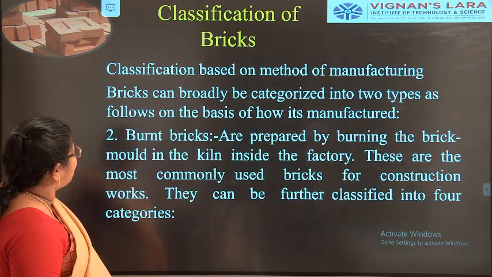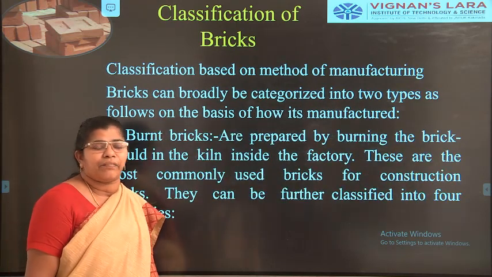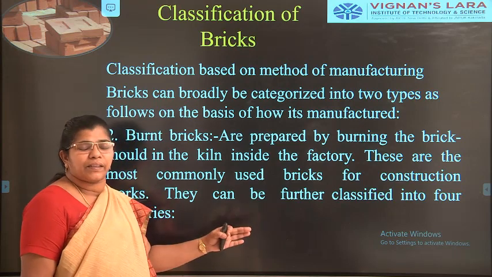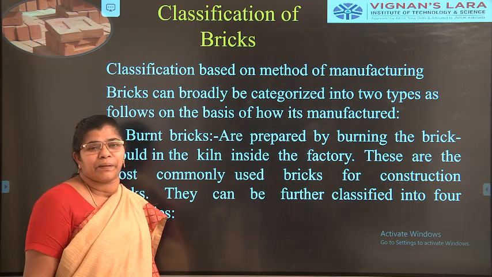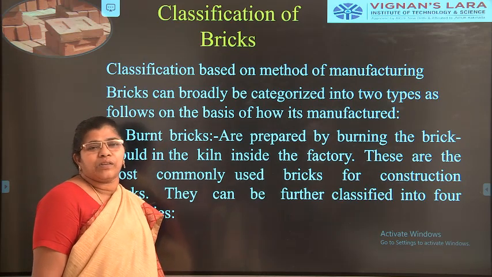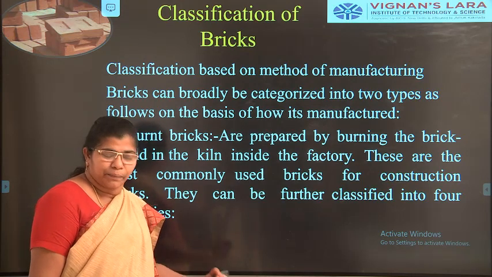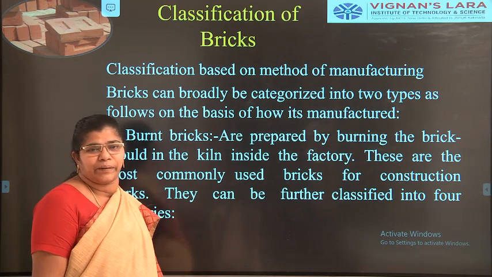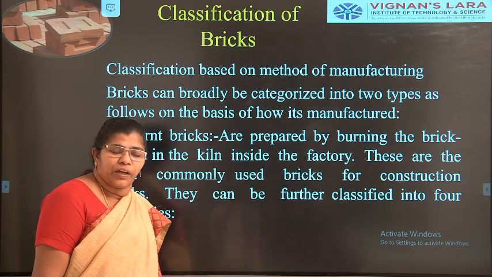The burnt bricks are prepared by burning the clay after the drying process. We burn them in the kiln at a very high temperature of 1300 degrees centigrade. There are so many types of bricks in the burnt clay bricks. It may be an ordinary brick, a wire cut brick, or a fly ash brick. Why do we go for burning?